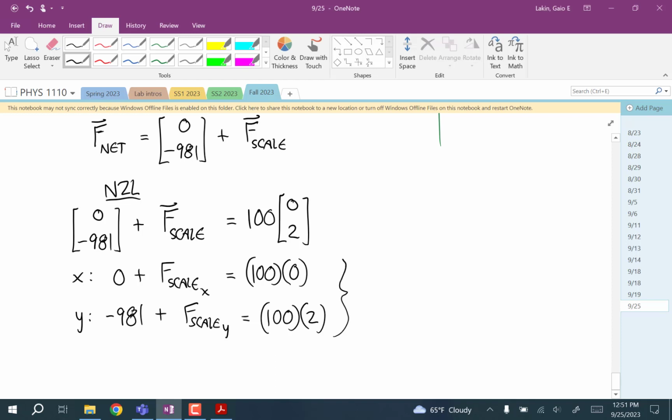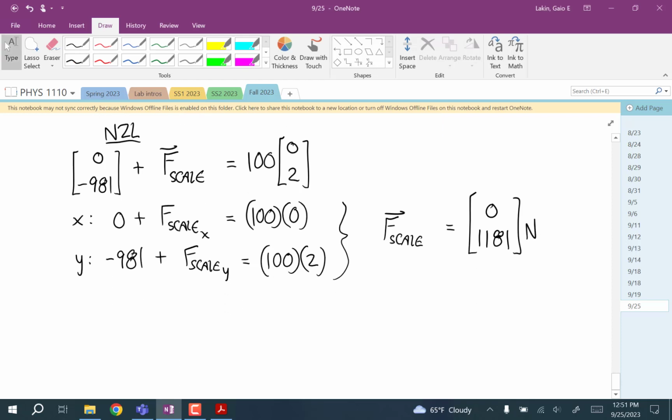And if you solve these two equations, you get that the force applied by the scale is equal to 0 for x and 1,181 newtons in the y direction. Or in other words, 1181 newtons up.